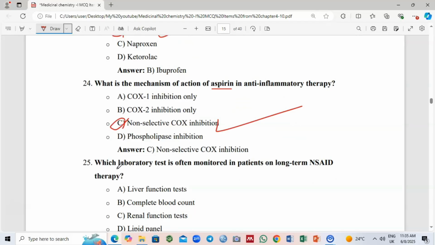Which laboratory test is often monitored in patients on long-term therapy of NSAIDs? Liver function test, complete blood count test, renal function test, and lipid panel test.